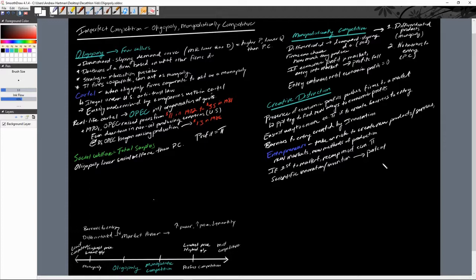That's not necessarily what happens all the time. Let's say you're already in an existing market. You're not necessarily going to be able to invent a whole new market. But what you can do is innovate an ability to differentiate your good, which allows you to recoup more economic profit from that market.